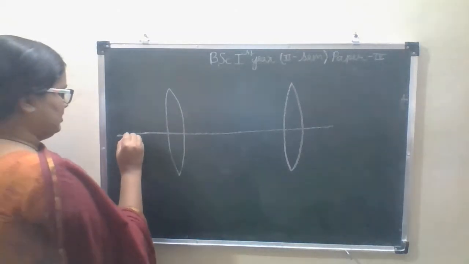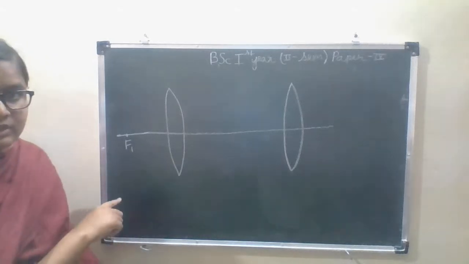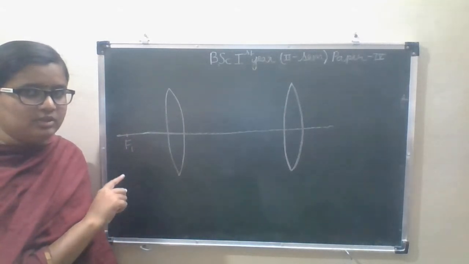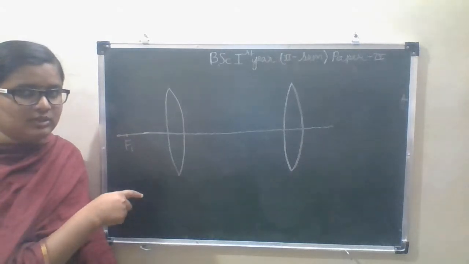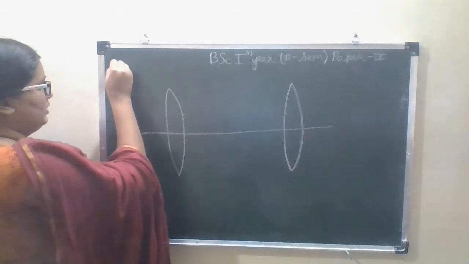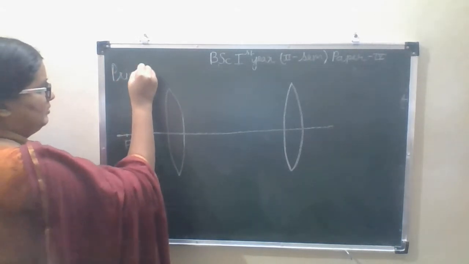The ray is passing. This is the f1 point, meaning the focal point. We will study that afterwards. What we are studying now is the principal point and principal planes.